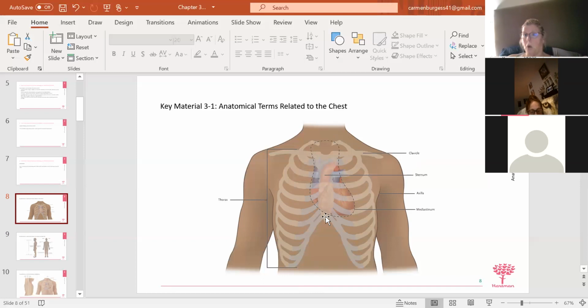So those are the places you want to be able to feel on your patient. Their clavicle, their sternum, that's going to give you points of reference. Even if you have an odd patient that has like everything flipped inside their body, you can still do an appropriate EKG because you can find your points on their body.